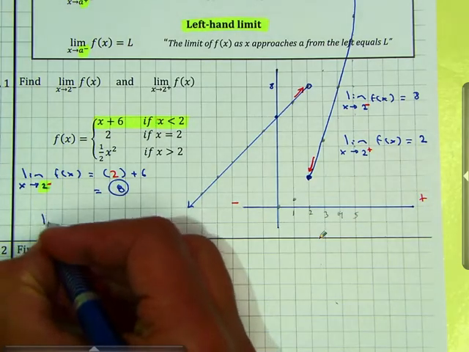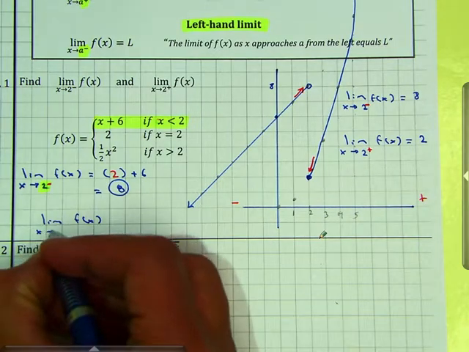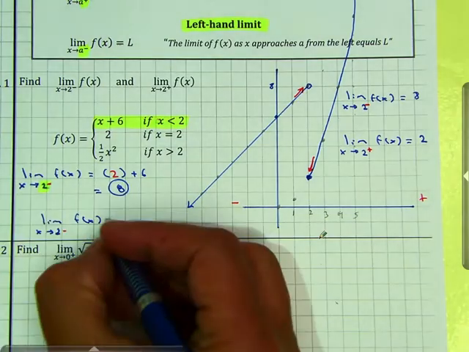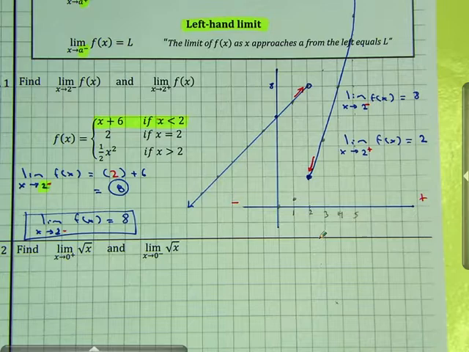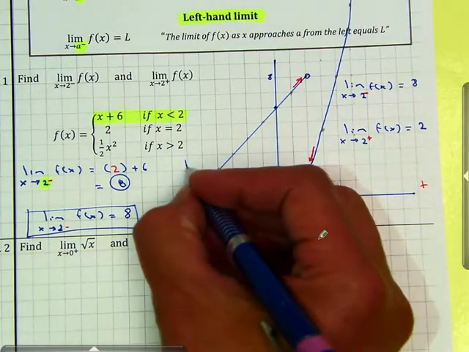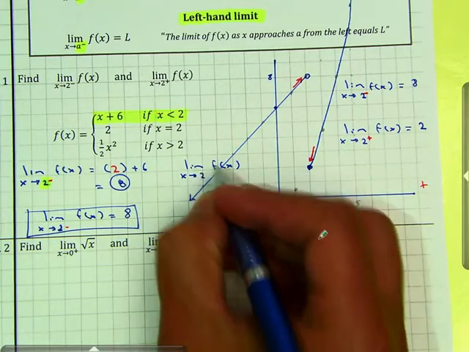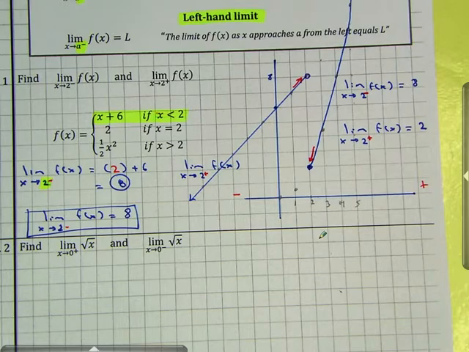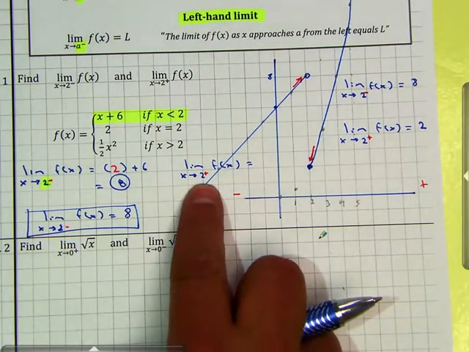So the limit of f of x as x approaches 2 from the left is 8. And now we need to do the same thing to find the limit of f of x as x approaches 2 from the right. I need to decide where I need to plug in the 2.